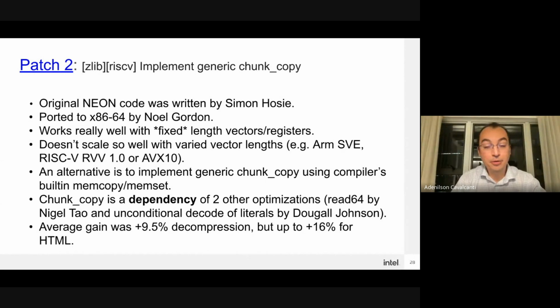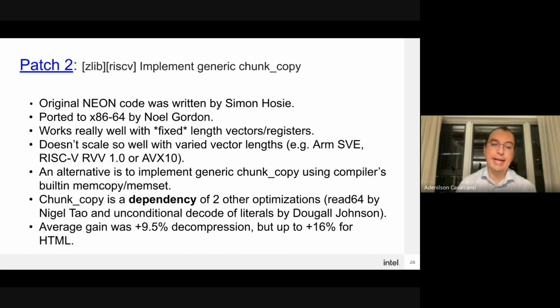But it doesn't work so well on architectures that feature varied vector lengths like ARM SVE, RISC-V RVV 1.0, or AVX10. So an alternative to handle this situation was what we call the generic chunk copy, where basically we rely on the compiler versions of memcpy and memset to perform those wide loads and stores.